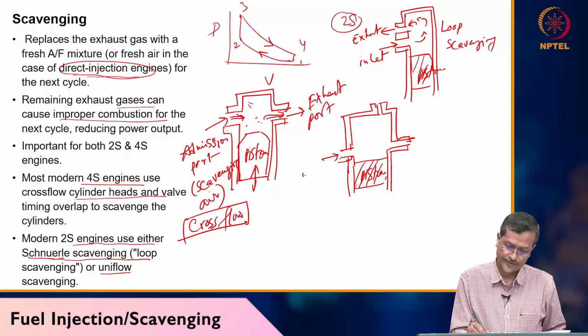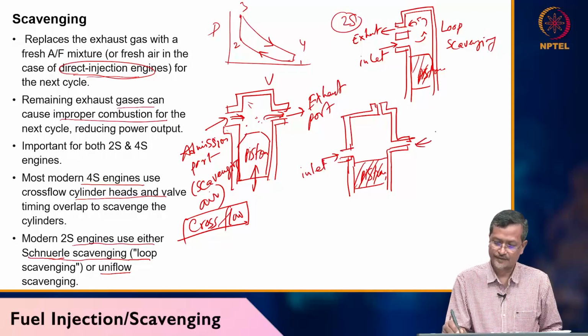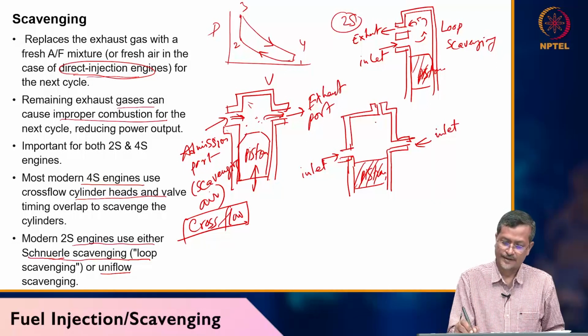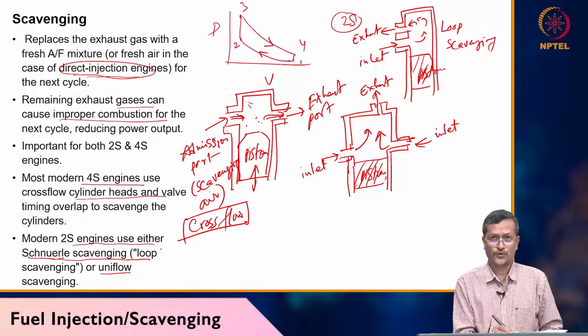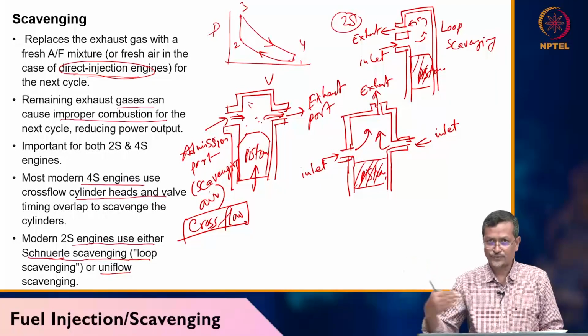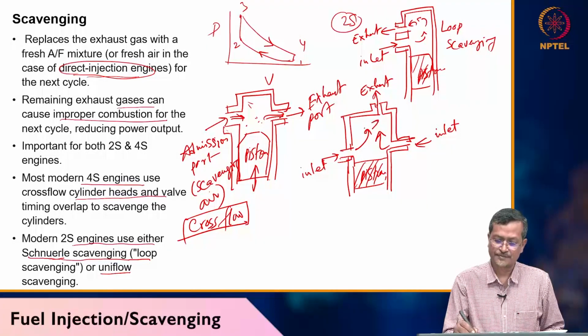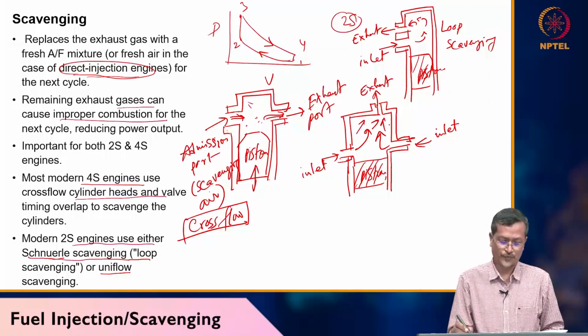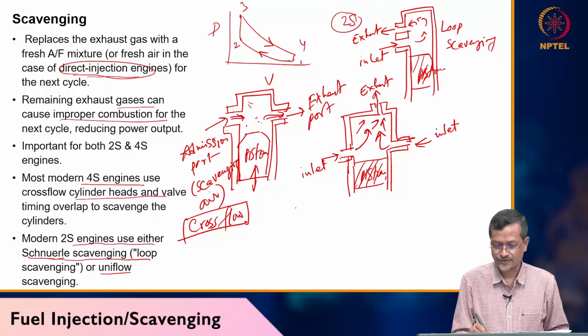Then the inlet port, this is also inlet, and this is the exhaust. The inlet ports allow fresh air or air-fuel mixture into the cylinder, and that pushes the burnt gas out of the cylinder through the exhaust port. This is called uniflow scavenging.